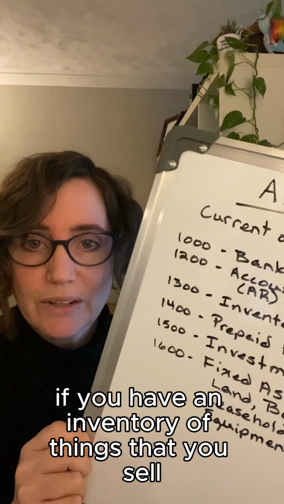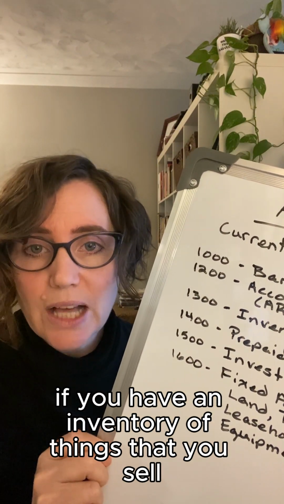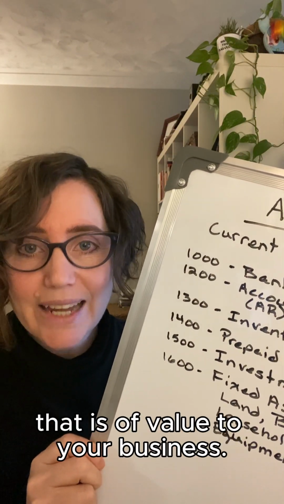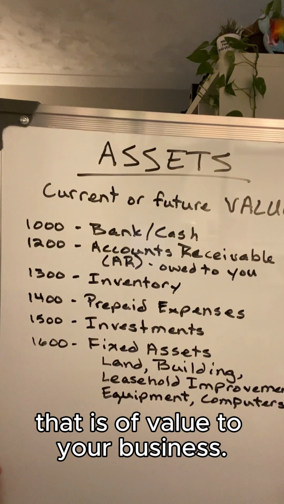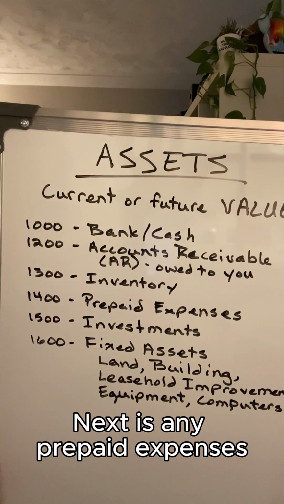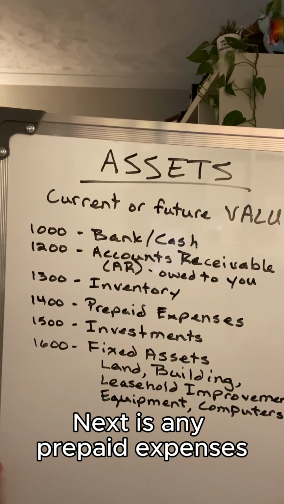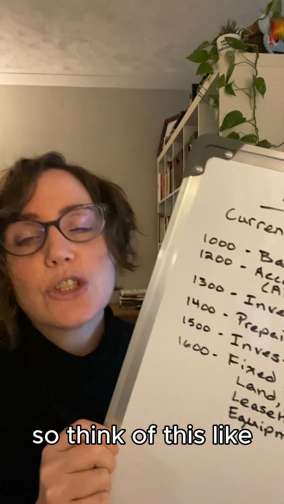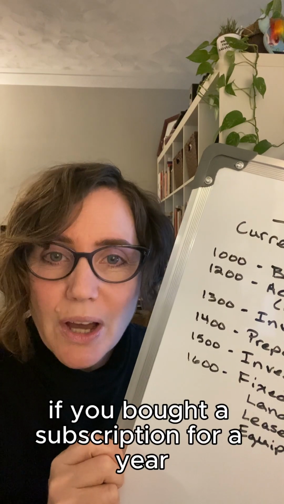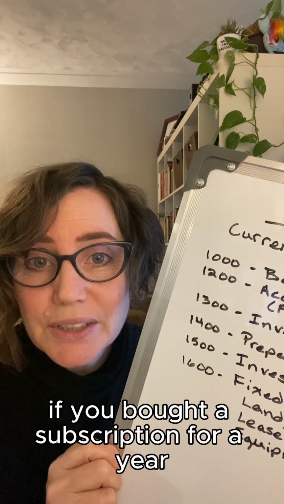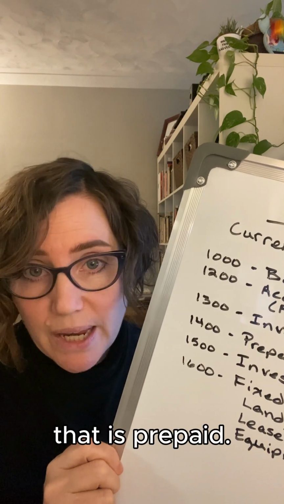If you have an inventory of things that you sell and you track that, that is of value to your business. Next is any prepaid expenses. So think of this like if you've bought a subscription for a year, that is prepaid.